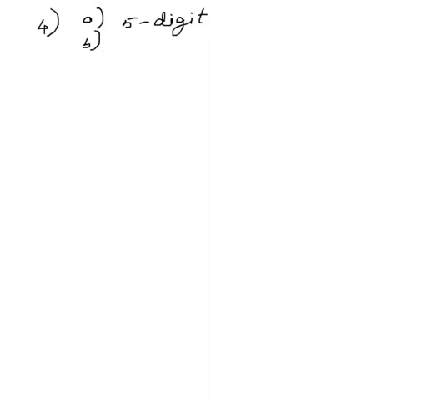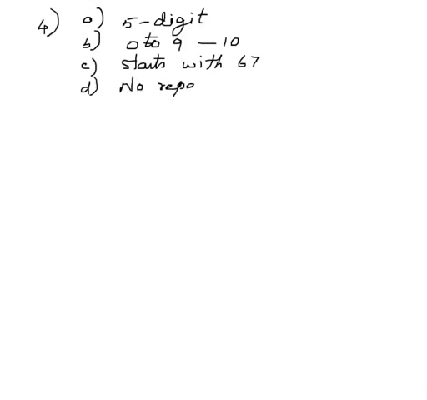The second condition is that it can be constructed using the digits 0 to 9, so we have 10 digits. If each number starts with 6 and 7, 67. And the fourth condition is no digit appears more than once. No repetition.